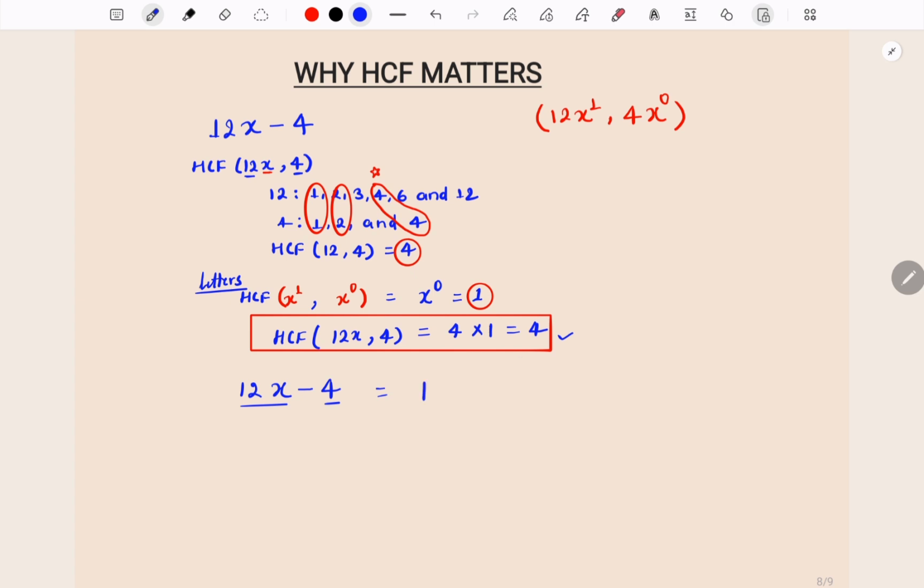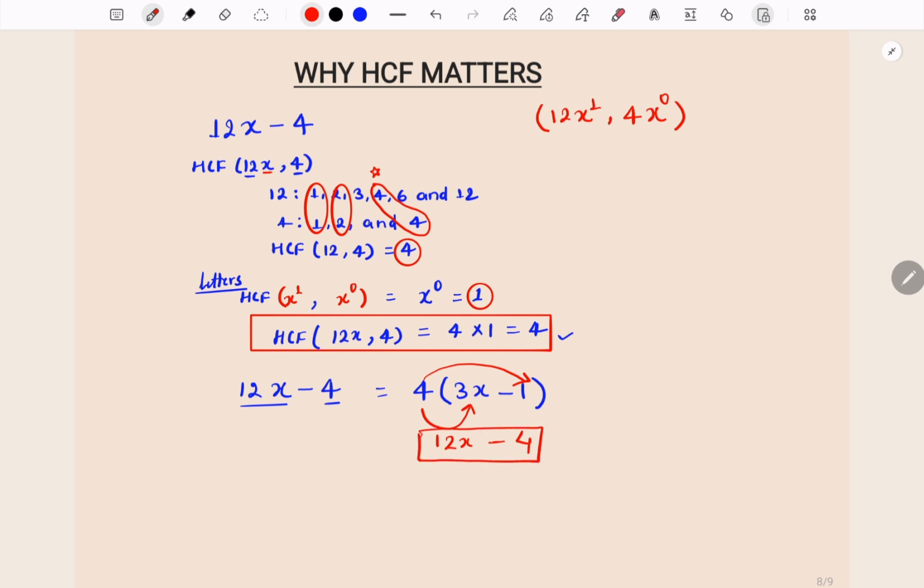If we factor out 4, we will have to write 3x here and minus 1 here. It's because when we multiply 4 with 3x, we get 12x, and when we multiply 4 with negative 1, we get negative 4. That is 12x minus 4, right?